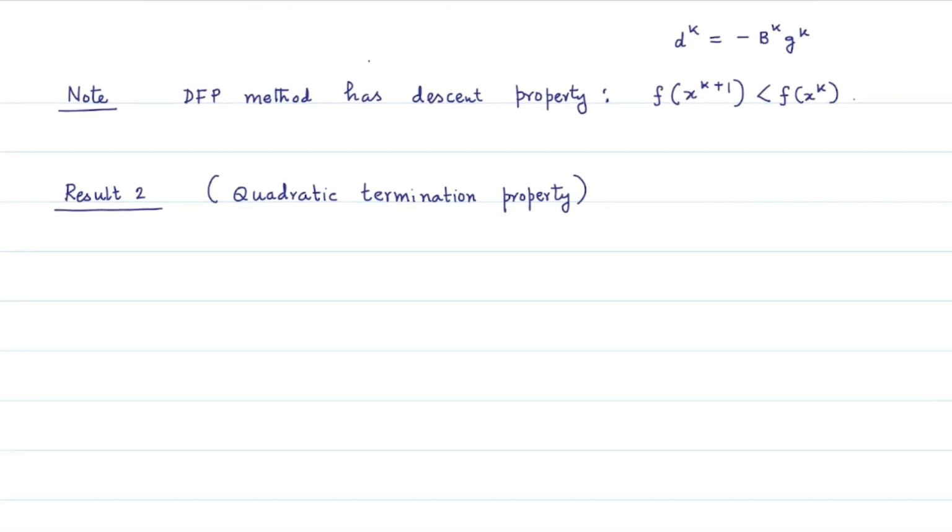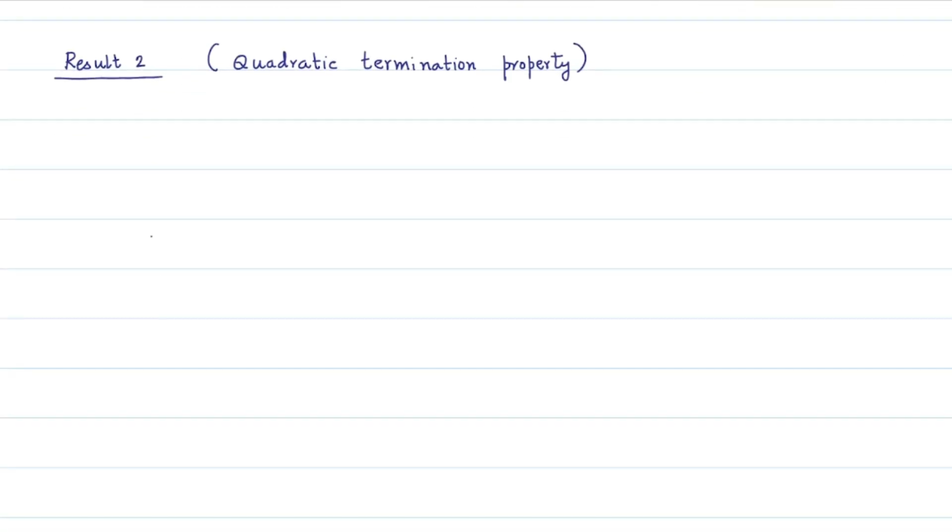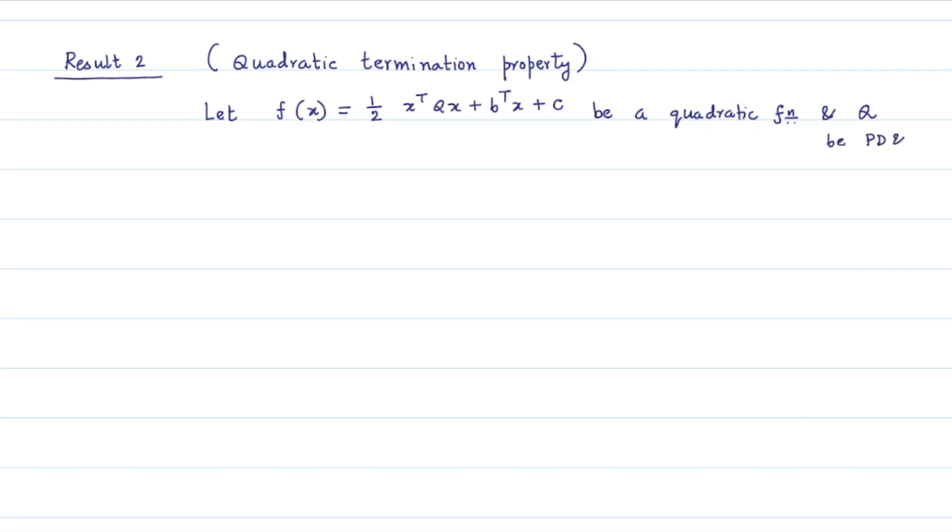So to prove this, we take the objective function as half of x transpose Qx plus b transpose x plus c, which is a quadratic function, and let us suppose the matrix Q, which is the Hessian matrix of the function f, is positive definite and symmetric.